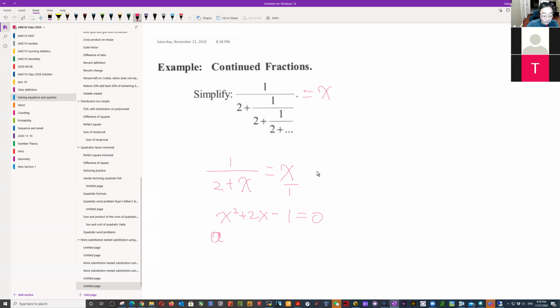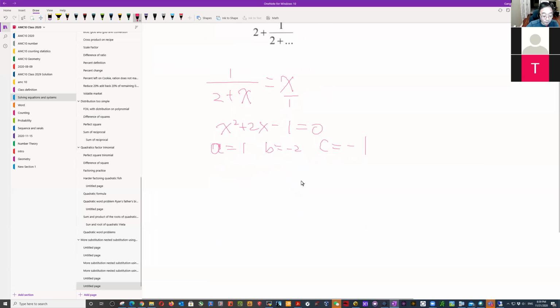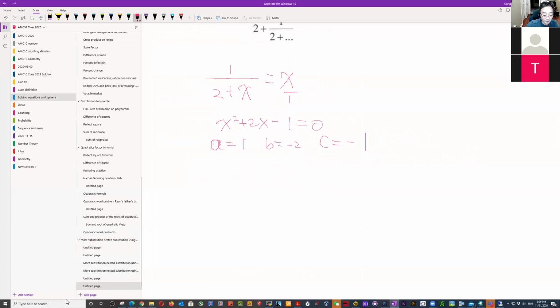So here is a good example of using the formula to solve it. a equals 1, b equals -2, and c equals -1. When you use the formula, always write out the coefficients explicitly. That will help you do it right and double check.